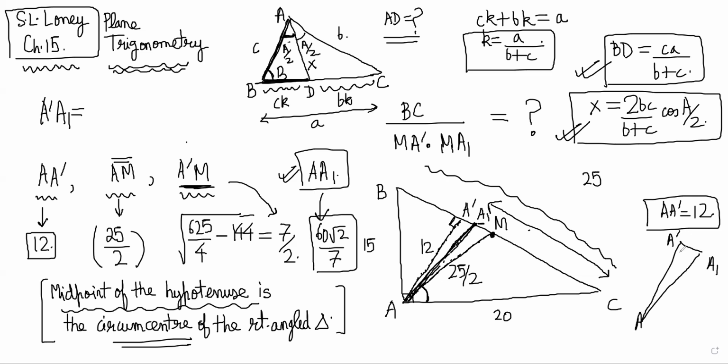I hope everyone is understanding that. So basically you will get the square root of 72 into 10 square by 7 square minus 144, and that will come out to be 12 by 7 for you. Is it coming 12 by 7, A dash A1?